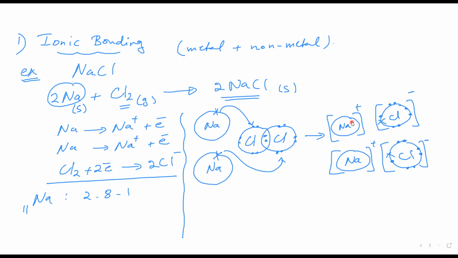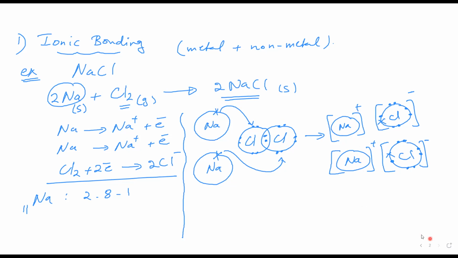This is something else, but otherwise we only show the outer shell, and it is devoid of any electrons because the sodium gave its electron to the chlorine atom, giving the chloride ion, and the other sodium also lost its electron and formed the sodium positive ion, giving its electron to the other chlorine atom, forming the chloride ion. This is in the case of sodium chloride.